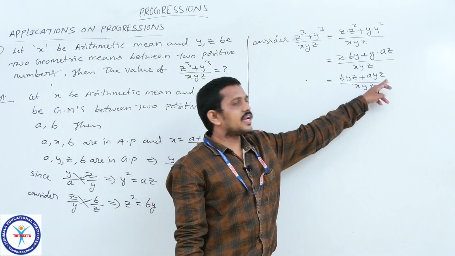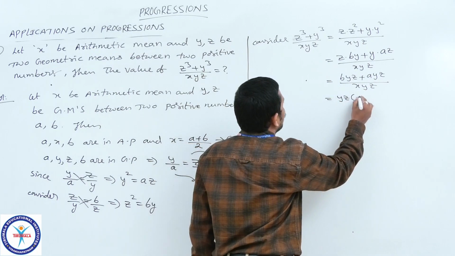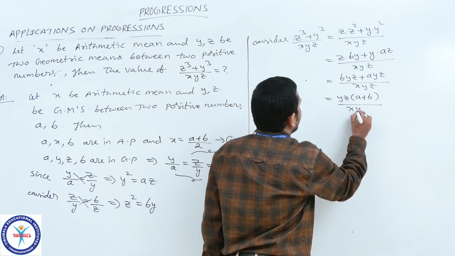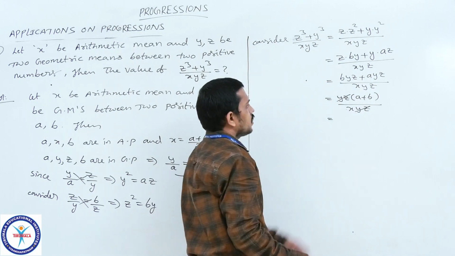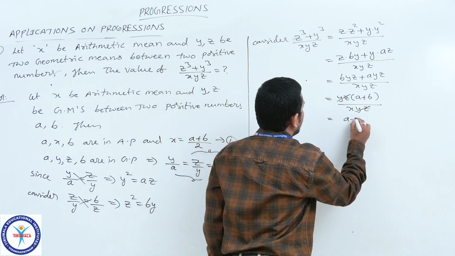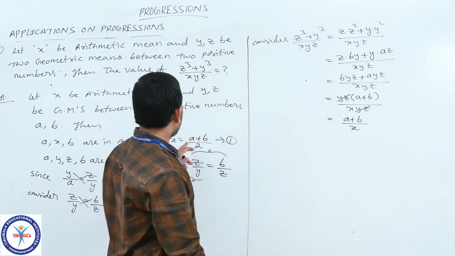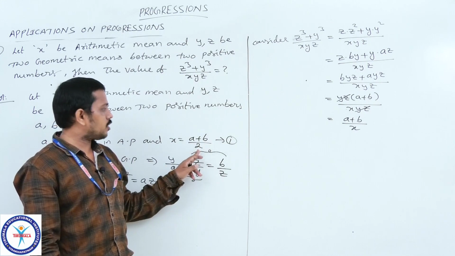Here also yz, here also yz, take yz common. Then yz into (a plus b) by xyz. Here yz cancel. So therefore this is equal to (a plus b) by x. But from equation 1, x is equal to (a plus b) by 2.